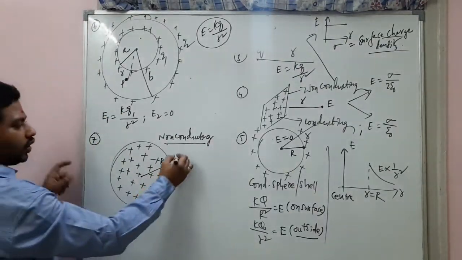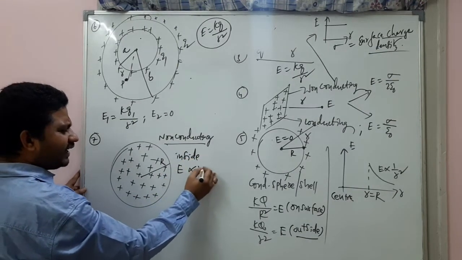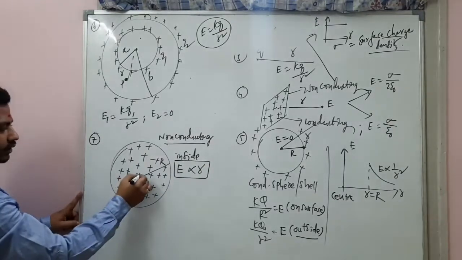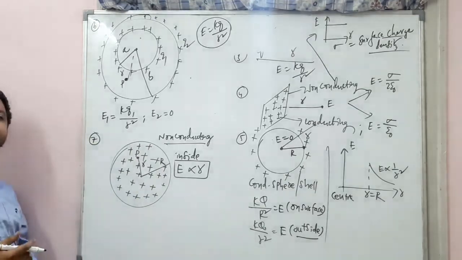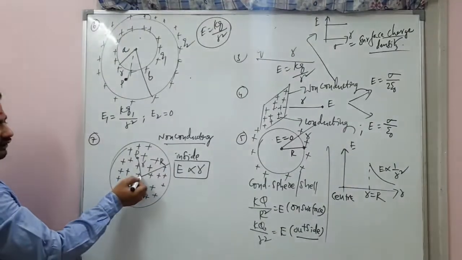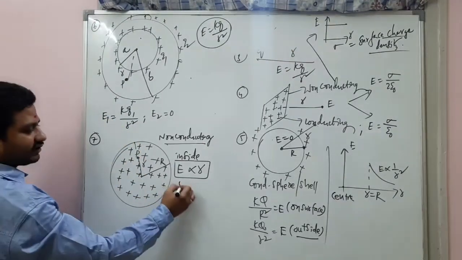So inside, E is directly proportional to small r. For example, here this is my point of consideration, which is at a distance small r. That small r is lesser than capital R. Electric field increases and reaches the maximum value on the surface.